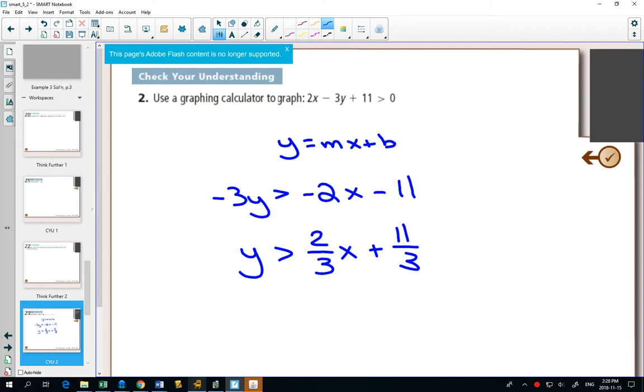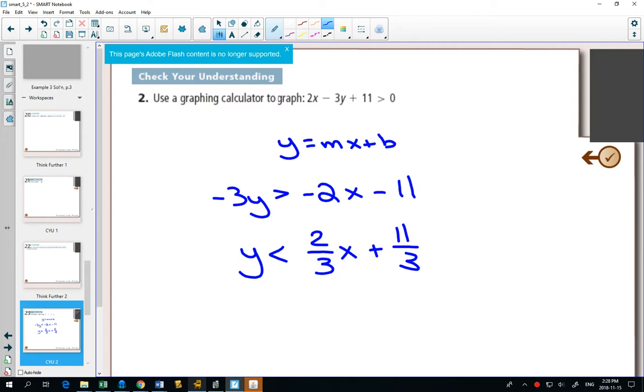You have to flip the sign. Yes, because you divided by a negative, you have to flip the sign. Is the rest okay? Yeah? Negative divided by negative, yeah, the rest is okay.